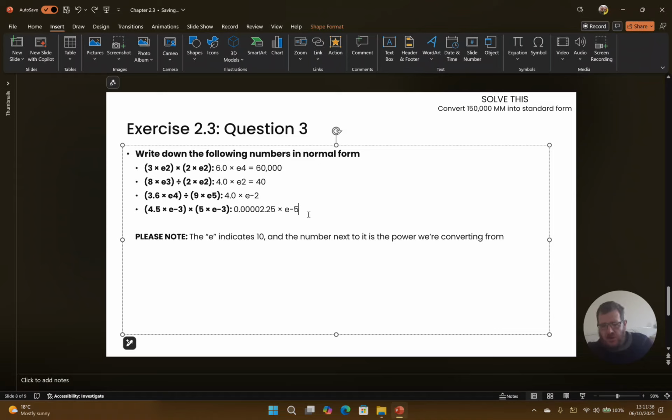But we're writing it in normal form, so we didn't even need that to begin with. And again, we were supposed to be writing that in normal form, so there we go.